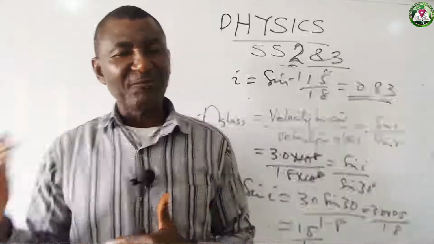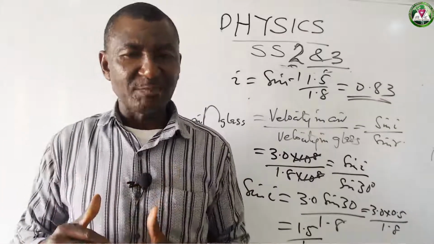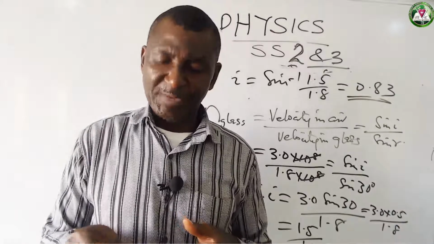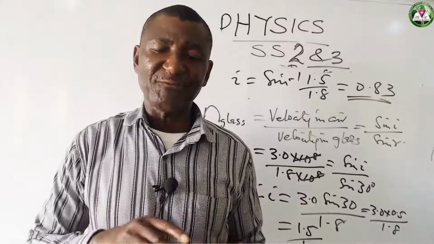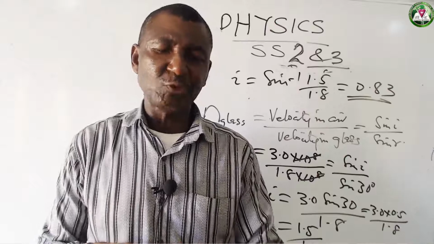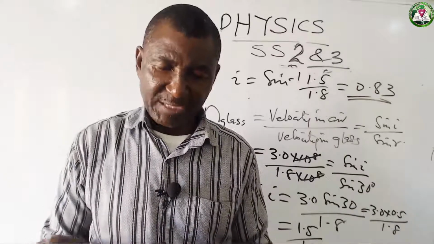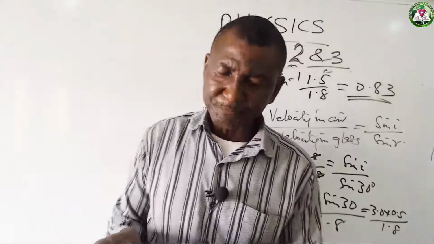And when it travels from an optically denser medium to an optically less dense medium, the light will bend away from the normal. That is, when light is traveling from air to glass, it will bend towards the normal. And when it is traveling from glass to air, it will bend away from the normal.